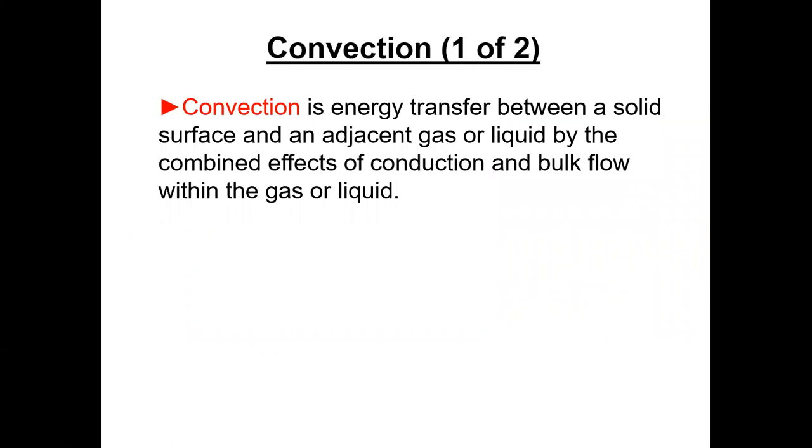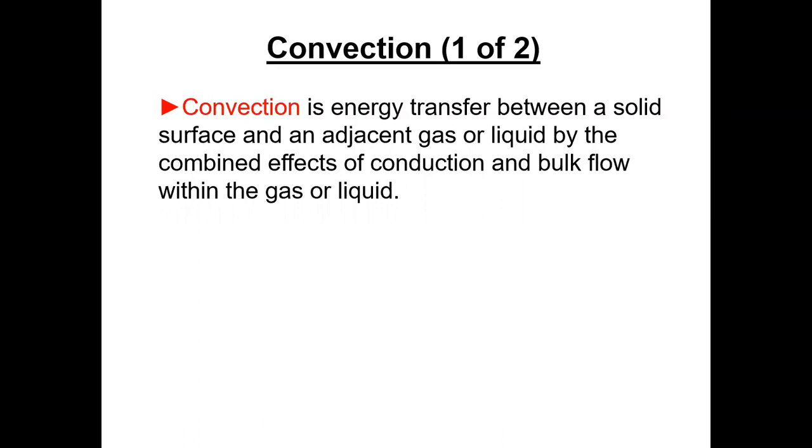And then we're going to have convection. Convection is energy transfer between a solid surface and an adjacent gas. It's like when you burn your finger, you take your mask off and blow some cool air across your burning finger. That's a convective situation.